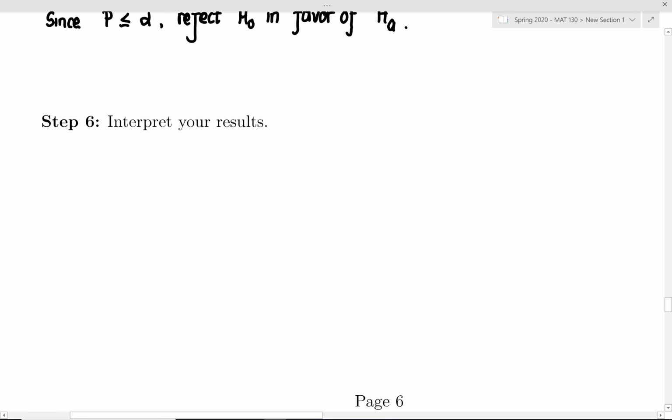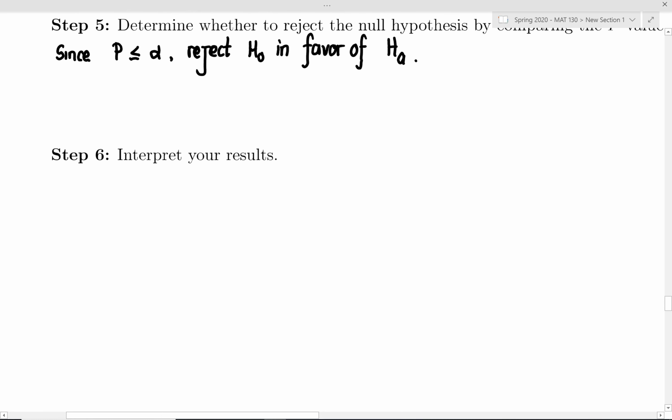So the question is, since we showed that our p-value for that given sample was less than our significance level, we rejected H0.